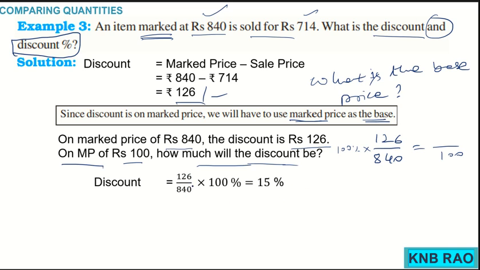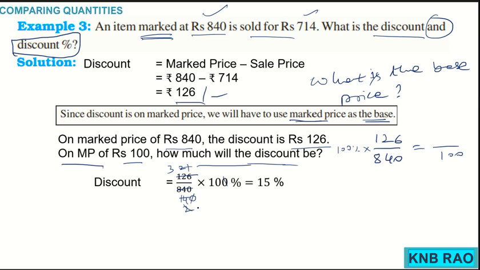126 out of 840. Here 6 1s are 6, 6 21s are 126. 4 times 6 is 24 and 0. This 0 cancels with this. Now, 7 2s are 14, 7 3s are 21.